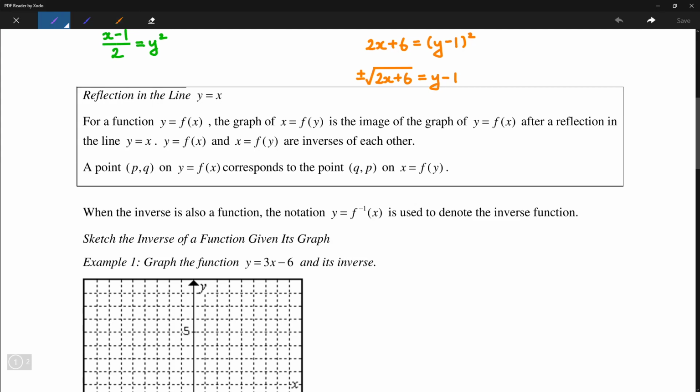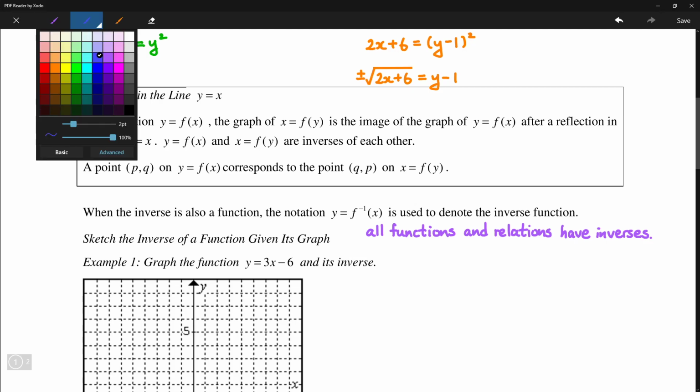Number one, all functions and relations have inverses. However, not all inverses of functions are themselves functions.